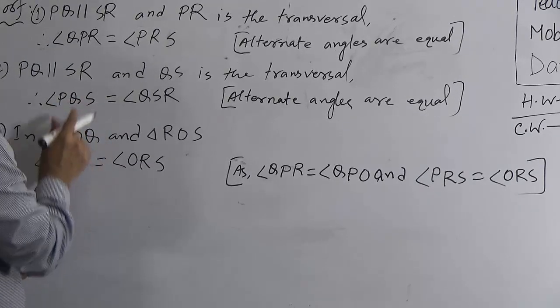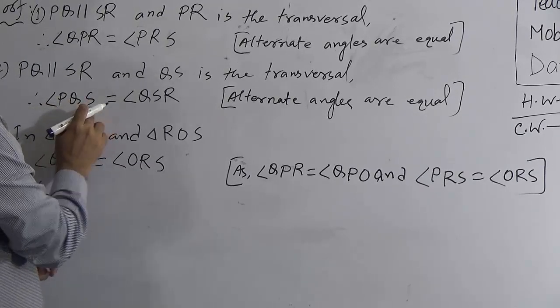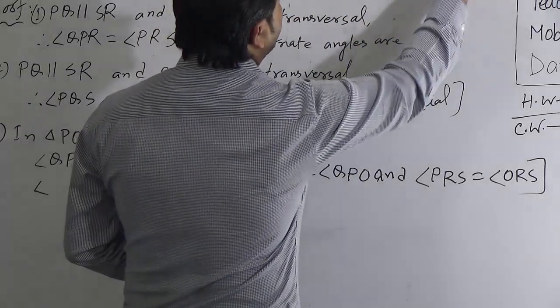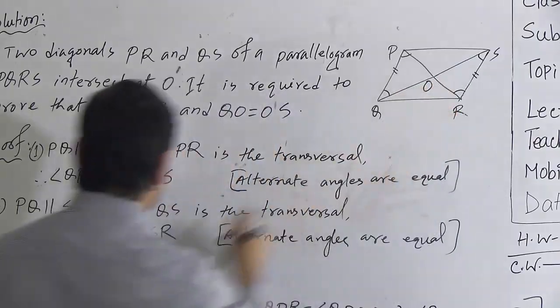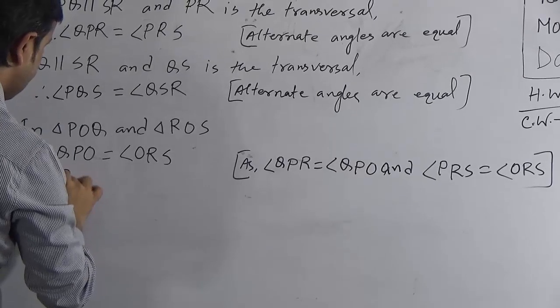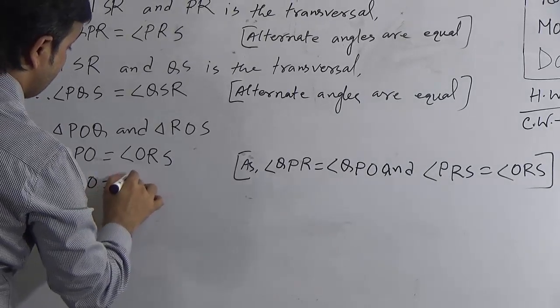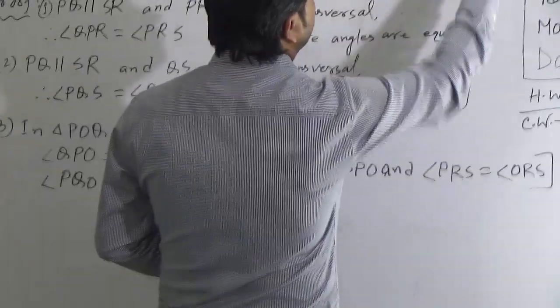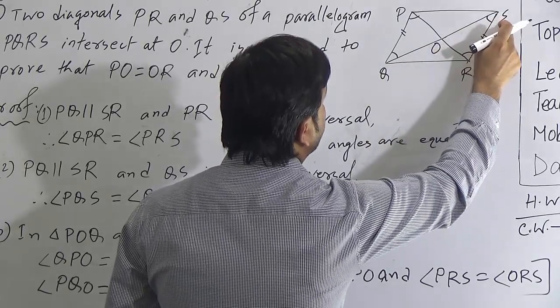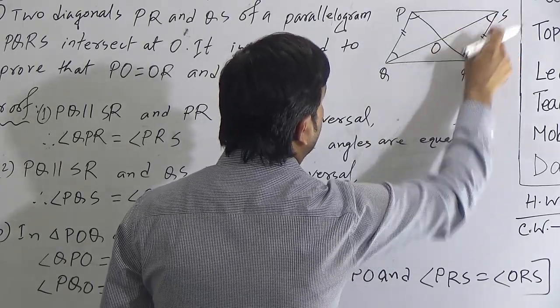Now we have seen here PQS. Here PQS means PQO. So we can write angle PQO is equal to angle QSR, which means OSR.